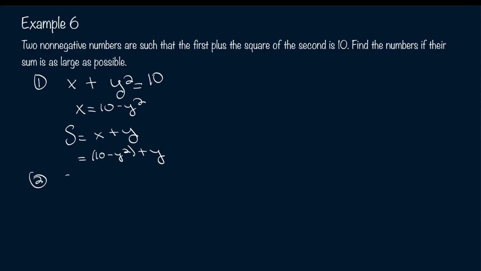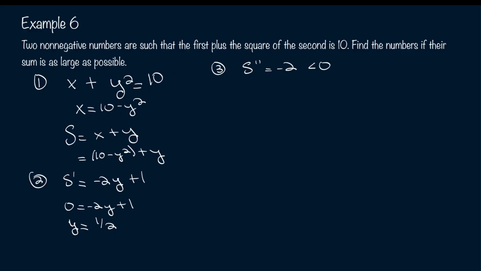Now we can get the derivative of our S, which is negative 2y plus 1. Set it equal to 0 so we can find our critical number or numbers. Then we get y is equal to 1/2. Then we do our second derivative test, which is equal to negative 2, which is less than 0. So it is a max.